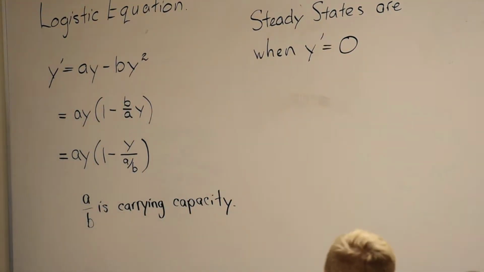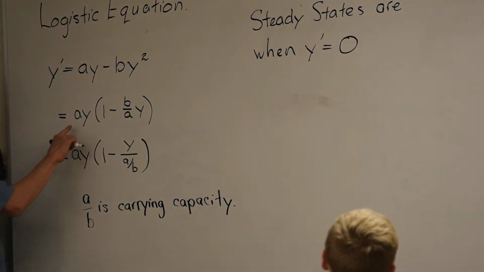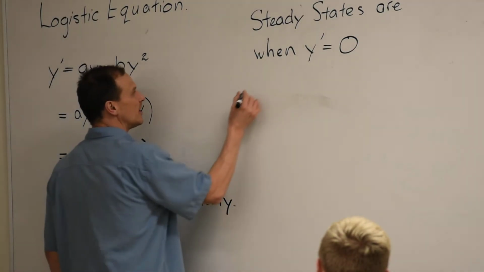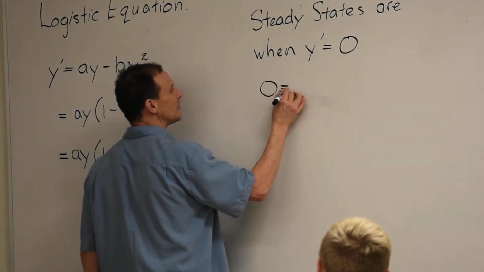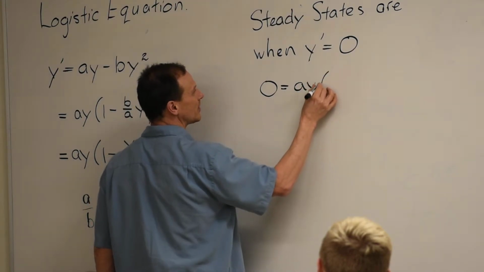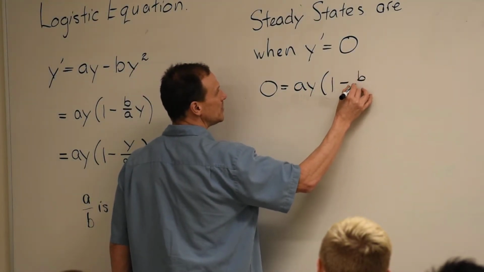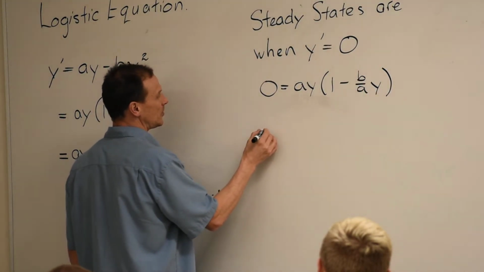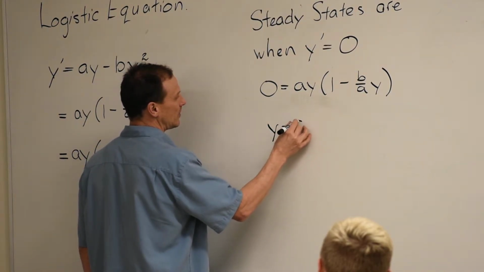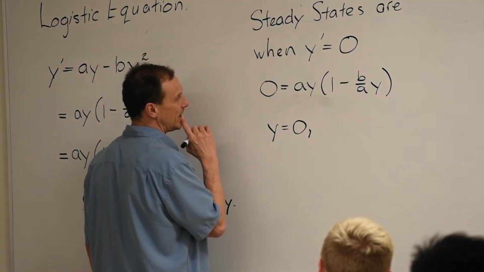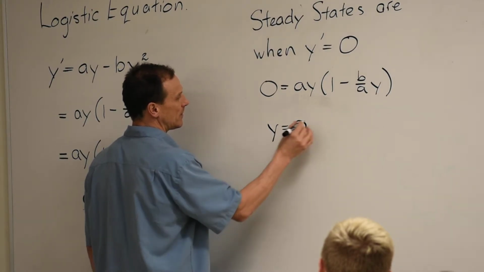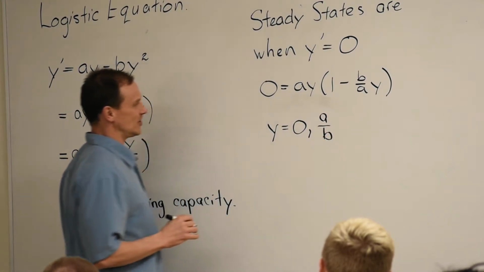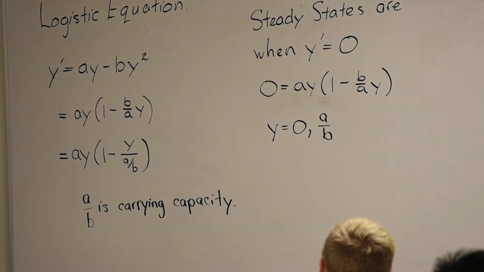The ideal equation form is probably the second line here. So we solved that: 0 is equal to a times y times 1 minus b over a y, and that gave us roots of y equals 0 and y equals a over b.